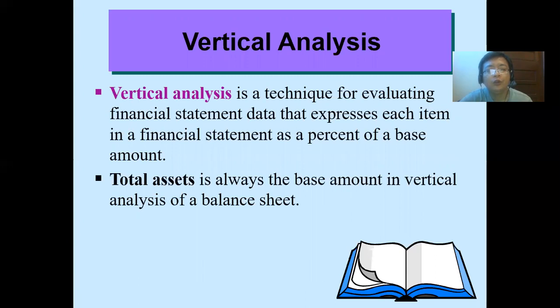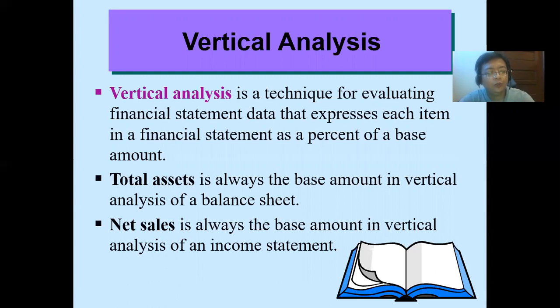So when you compute for the balance sheet, your denominator is always your total assets. Meaning total assets is always the base amount in a vertical analysis of a balance sheet. Also, when you compute the vertical analysis of the income statement, you have your net sales.